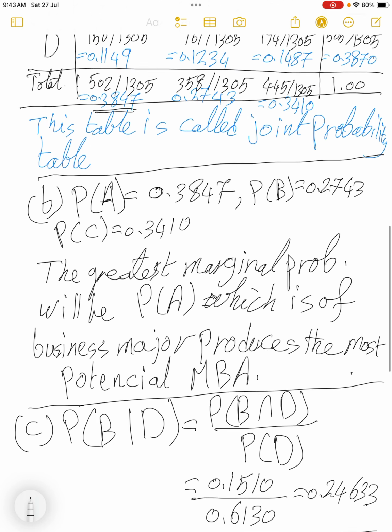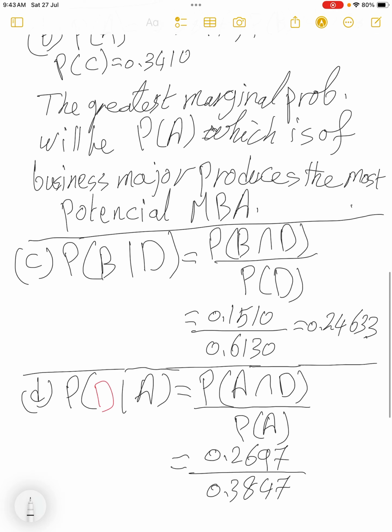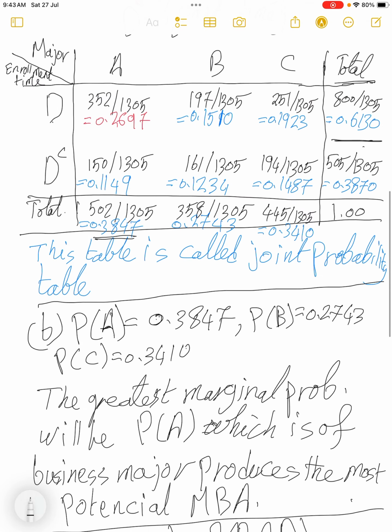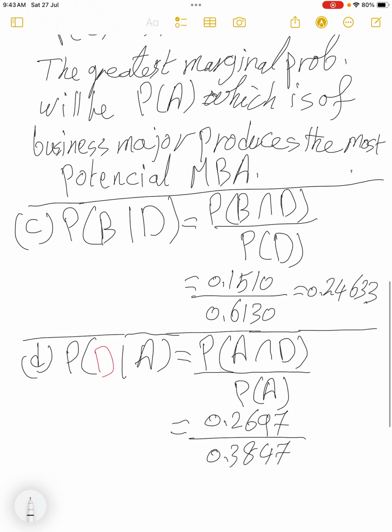Check it again: the probability of A is 0.3847 and the probability of A intersection D is 0.2697. I will calculate it. You will have 0.2697 divided by 0.3847 equals 0.7011.